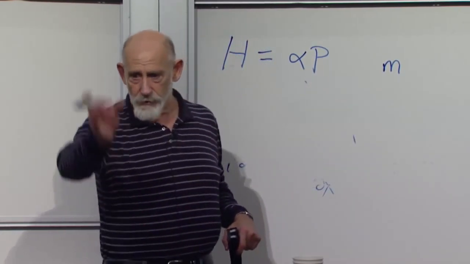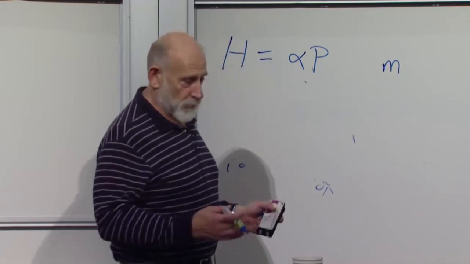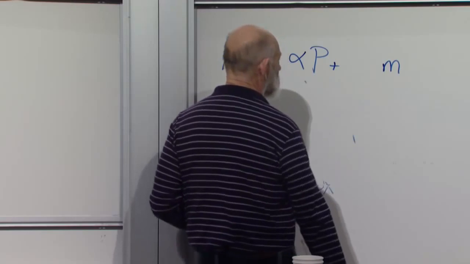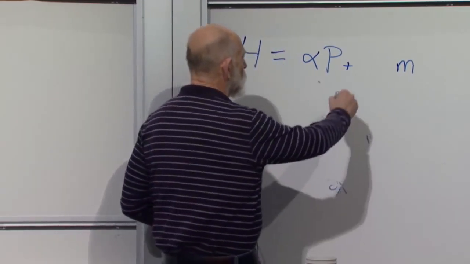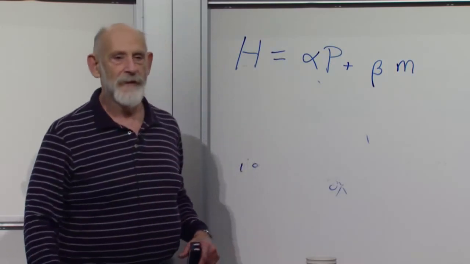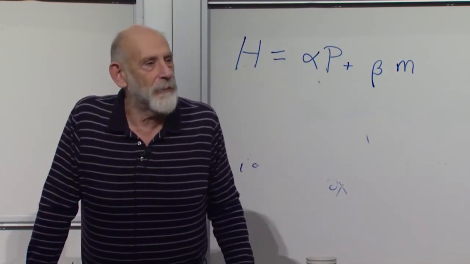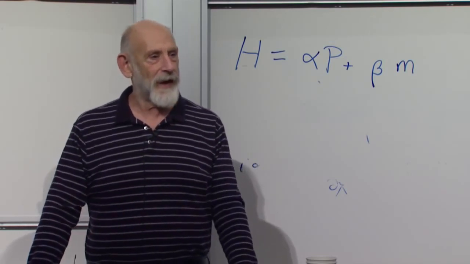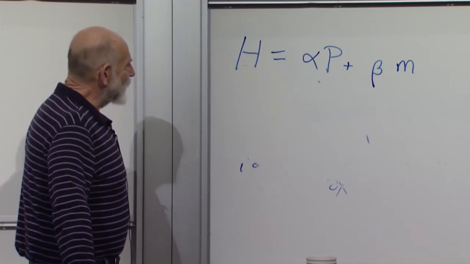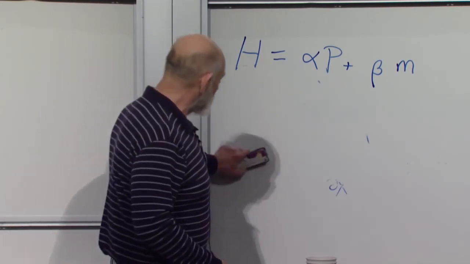It could be the unit matrix for all I know, but let's not prejudice it. Let's add something here proportional to the mass, and let's introduce another matrix, and let's call it beta. Okay. Now here, I have a feeling I probably would not have caught this. Dirac did, and moreover, caught it in 3 dimensions, which is a little bit harder, but not much.